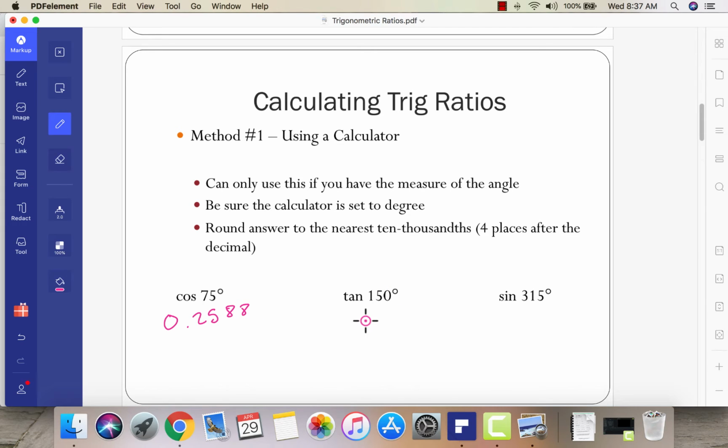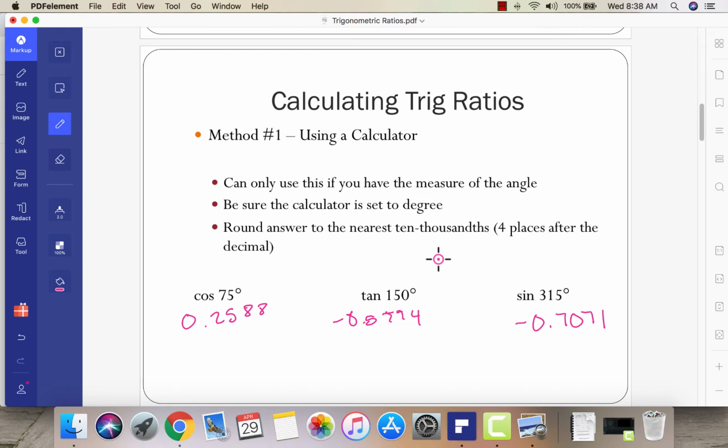Now we're going to type in 150 and then hit the tan button, and we will get negative 0.5774. And for this one, we'll type in 315 and then hit sine, and we will get negative 0.7071.